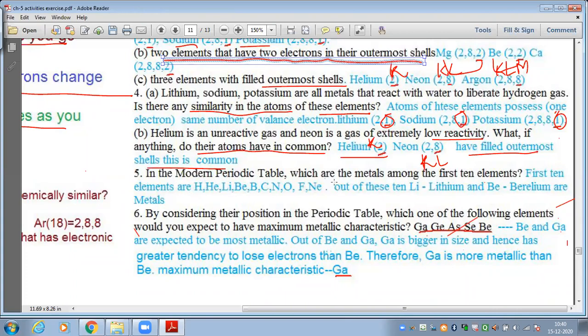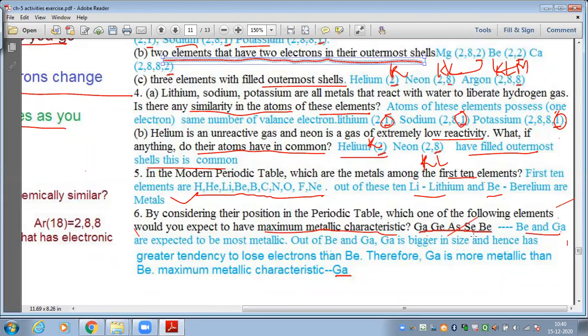In the modern periodic table, which are the metals among the first 10 elements? If you write the first 10 elements, they are hydrogen, helium, lithium, beryllium, boron, carbon, nitrogen, oxygen, fluorine and neon. Out of these 10, lithium and beryllium are the metals. By considering their position in the periodic table, which of the following elements would you expect to have maximum metallic character: gallium, germanium, arsenic, selenium and beryllium?